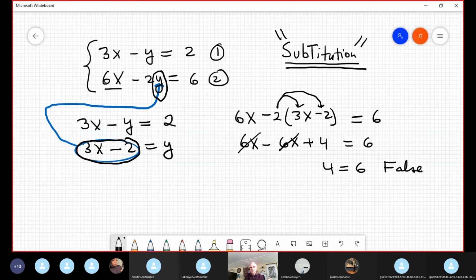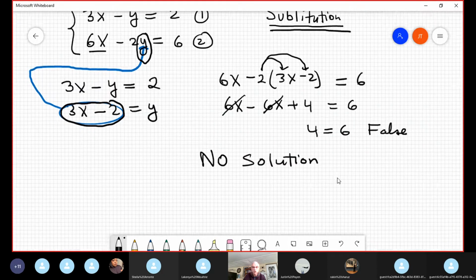So what is the interpretation of this? I don't understand anything. I try to do my best. However, it doesn't work. It's because this system has no solution. When this situation happens, this system has no solution. And normally when a system has no solution, the technical name is inconsistent.